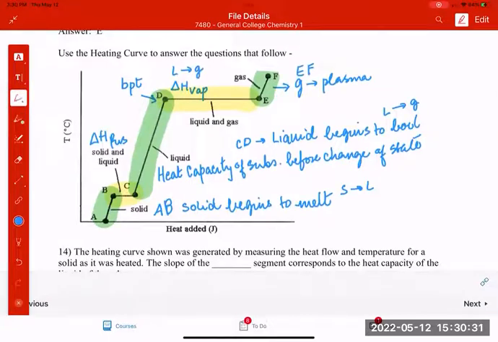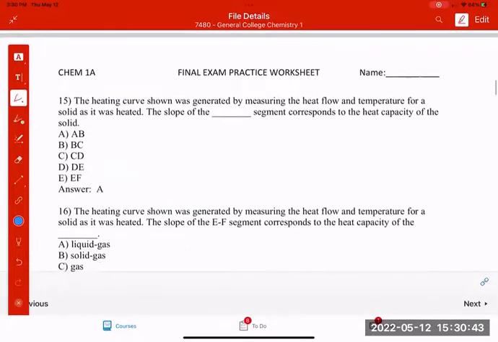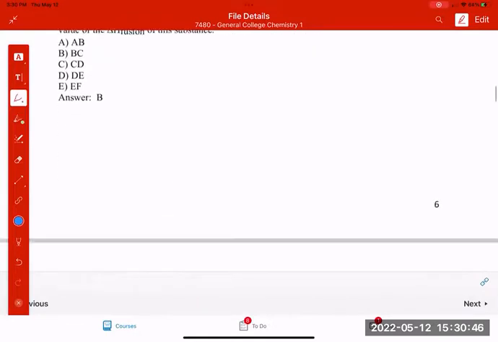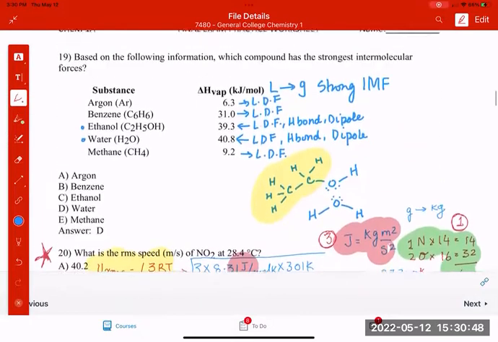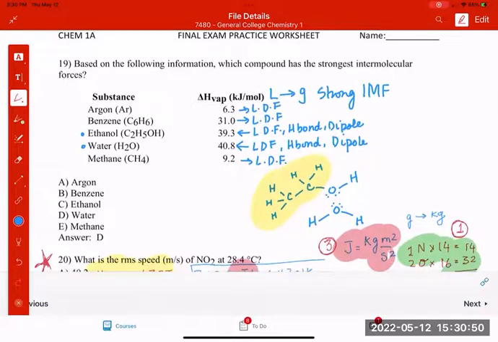So we also can be asked a question, where is the melting point? So this is the melting point of a substance, and melting point and freezing point coexist. So keep that in mind, that this is where the liquid and the solid are found together. So this is something you can determine from the heating and the cooling curve. Next, we looked at the heat of vaporization values, and we looked at the different substances.